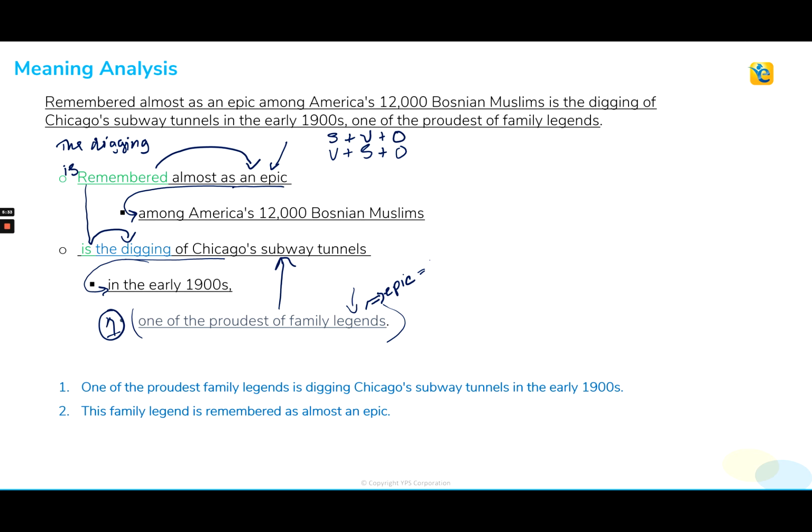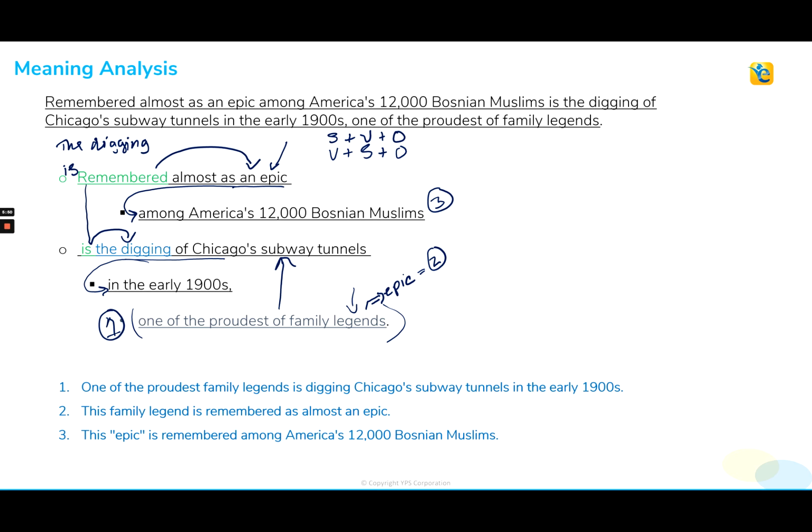So this could equal number two right here. And then that third piece could be that this epic is remembered among America's 12,000 Bosnian Muslims. So this could be number three.